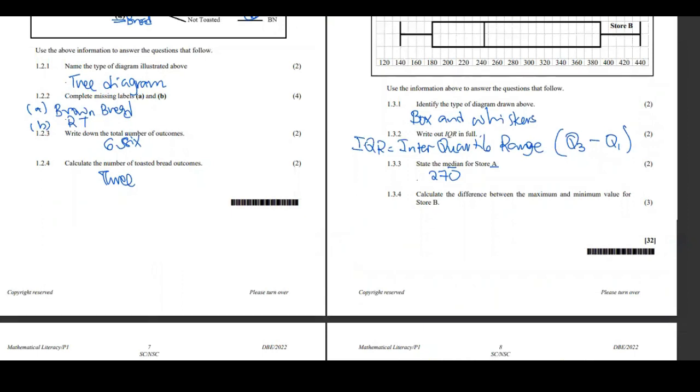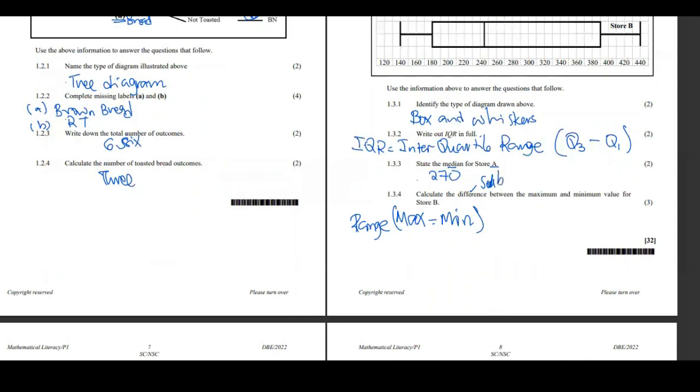Let's look here. Calculate the difference between the maximum value and the minimum value of store B. So we shall take it to be maximum minus minimum. In other words, they were looking for range. Why am I subtracting? Because I'm looking for the difference.